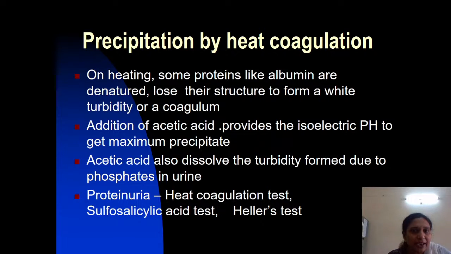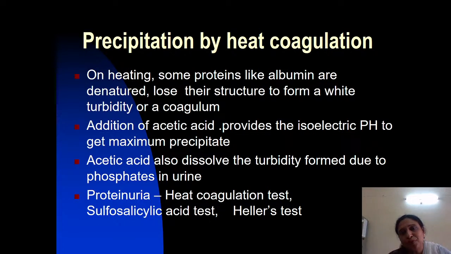If albumin and globulin are there in that sample, when exposed to the heat, they undergo denaturation and result in the formation of a white precipitate. On boiling for 1 or 2 minutes, a white precipitate is observed in the heated portion if that urine has protein, that is albumin, because albumin is a heat coagulable protein. When exposed to the heat, it denatures to form a white precipitate.